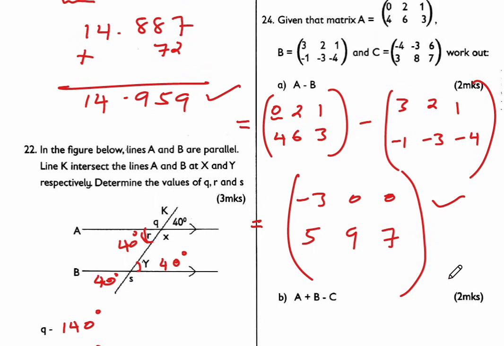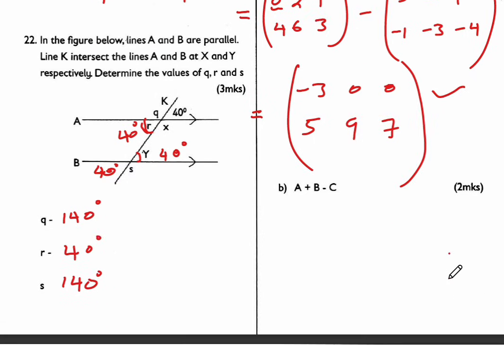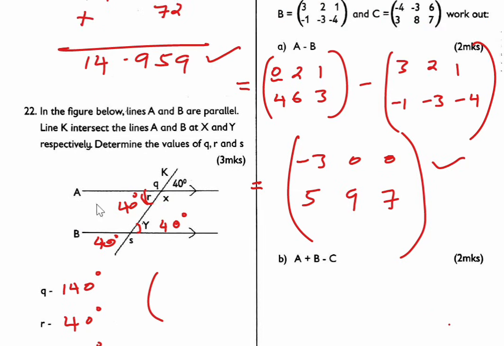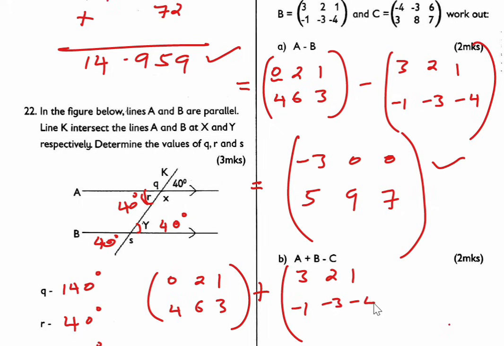So we're going to work out also that one. A plus B. So here we have matrix A: 0, 2, 1, 4, 6, 3. Plus, going to add B: 3, 2, 1, negative 1, negative 3, negative 4.